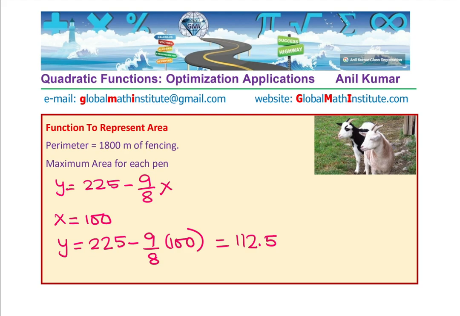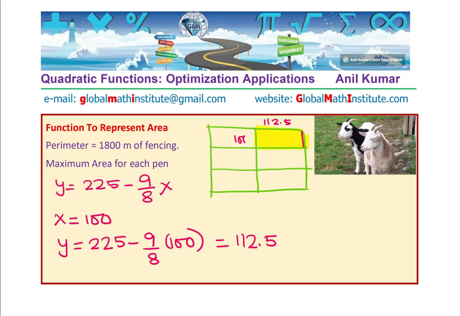So we have calculated that to maximize the area of each pen, what is really required is that x should be 100, and y should be 112.5. Do you see that? So we have these dimensions right there. We have 112.5, and this side here is 100.